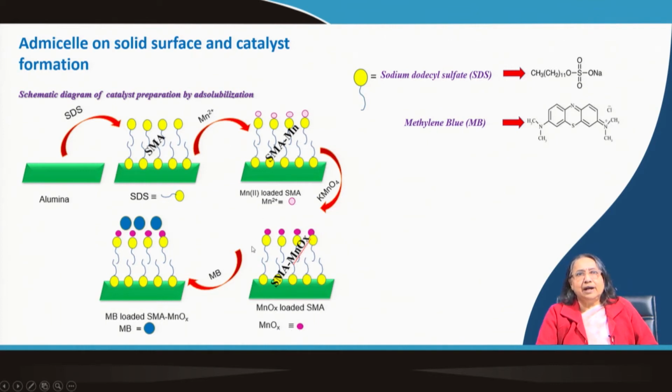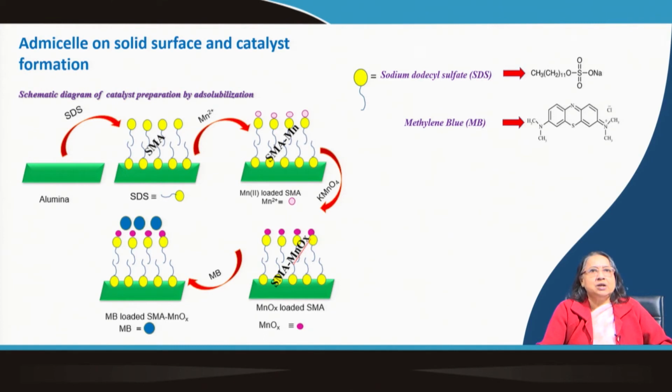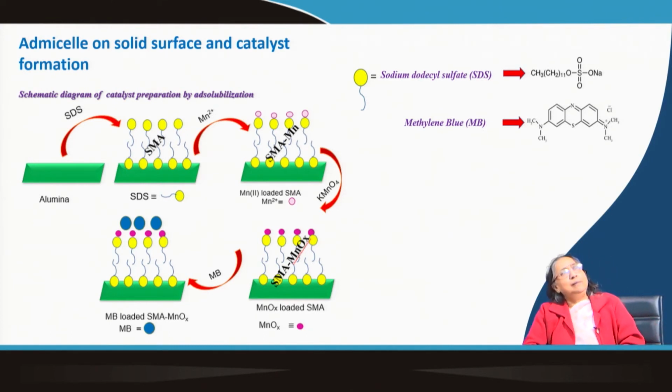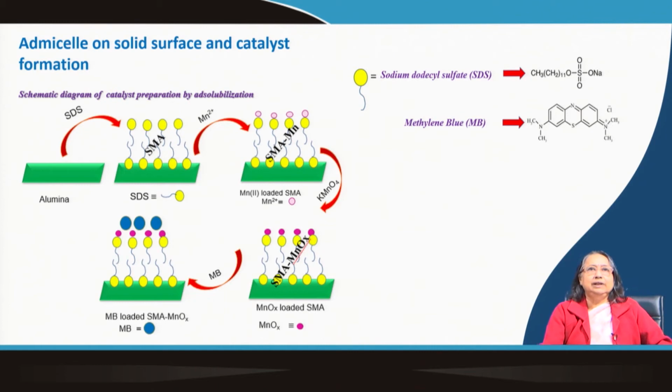Now, why I am discussing it is because it is a catalyst. In the catalyst it is also MnO2, MnOX actually we have written, because the oxidation state is mixed. You have learnt that MnO2 is a very good catalyst for H2O2 decomposition, right. So, here also we will use it as a catalyst.